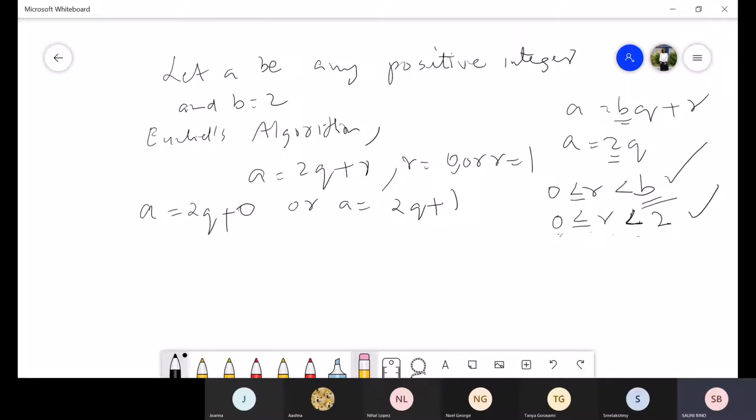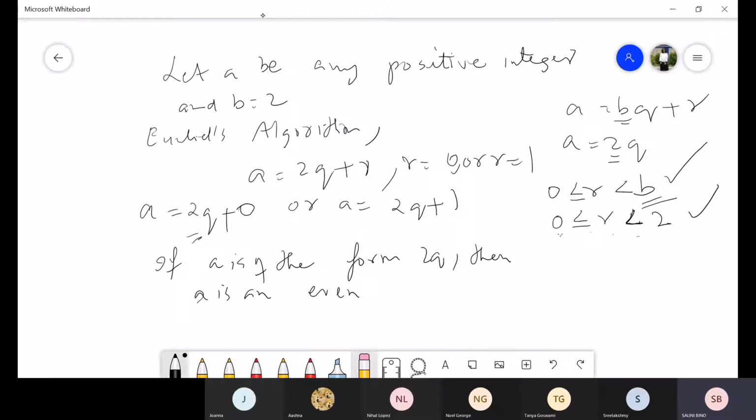A positive integer can be either even or odd. If A is of the form 2Q, then A is an even integer.